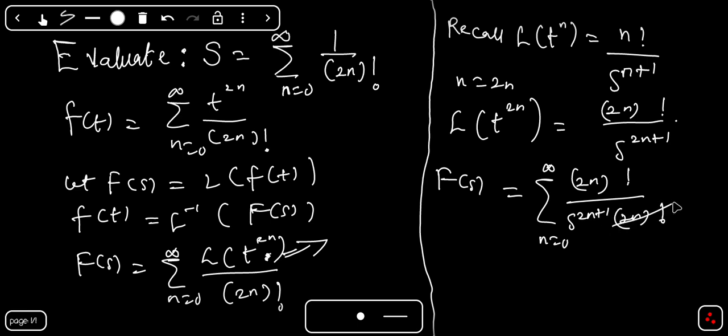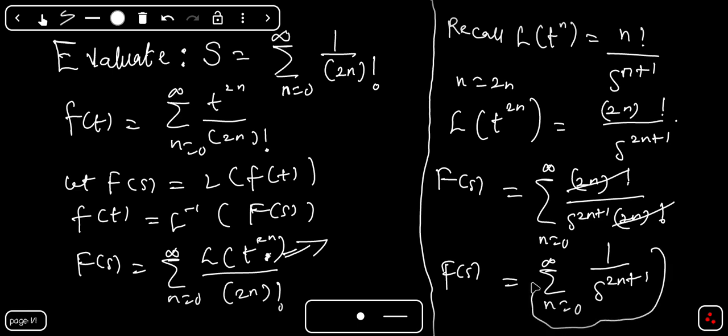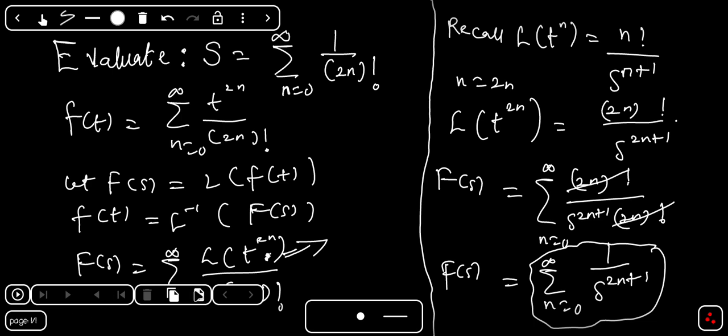And we can see that we cancel out 2n factorial. So what we have now is F of s is equal to the sum of n from 0 to infinity of 1 over s raised to the power of 2n plus 1. So we can see that this is a geometric series, a geometric sum. So how do we solve this? It's not something that is hard. So let's quickly solve this.